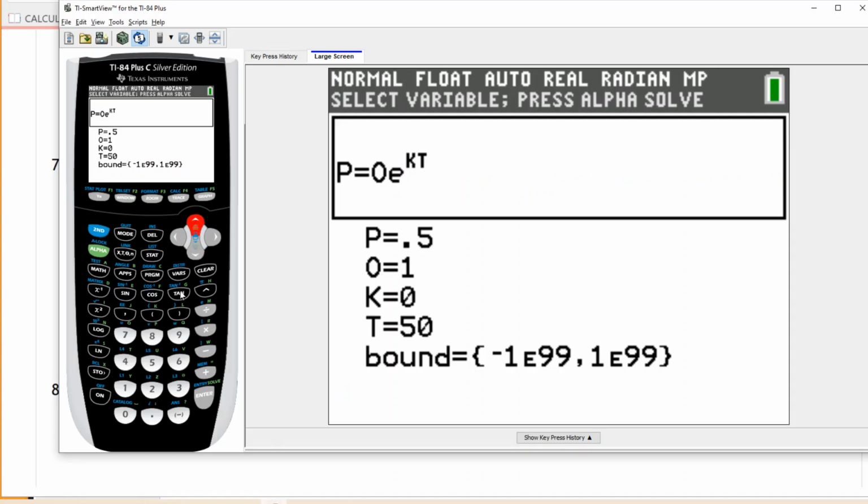Now we're going to solve for K. I would not recommend you solve for K starting at 0, because we know K is going to be a negative amount, so I'm just going to put a 1 here. Starting at 0 sometimes gives you a problem. So alpha, enter. That's going to be our value for K. Yep, it's negative 0.0136.